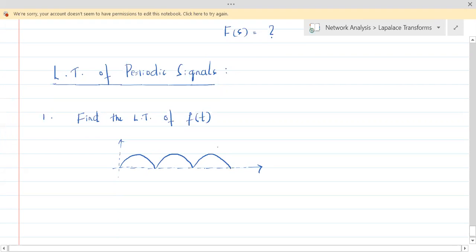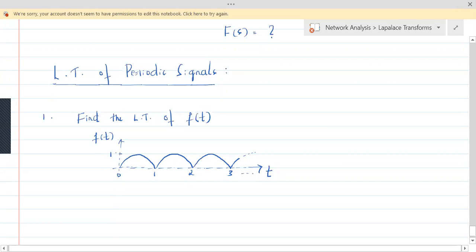So this is the signal, and this keeps repeating, mind you. A periodic signal means it should keep repeating for an infinite number of times, otherwise it's not periodic. Now, this is f of t. 0, 1, 2, 3, it just goes on and on. The amplitude of this is 1. So this is the signal.